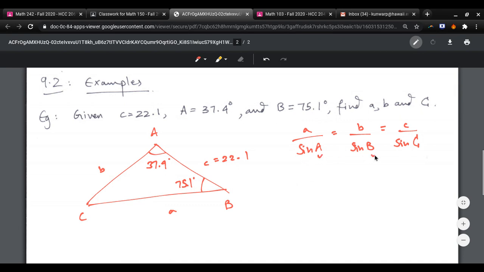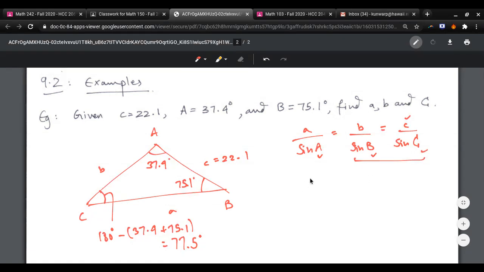We know angle A, we know angle B, we know side C. Now, angle C is actually easy to find because this is 180 minus 37.4 plus 75.1, which comes out to be 180 minus 37.4 minus 75.1, which is 77.5 degrees. So that's angle C. So now I have angle C.